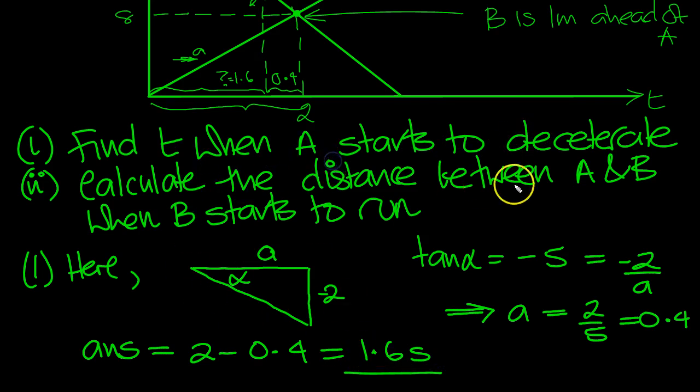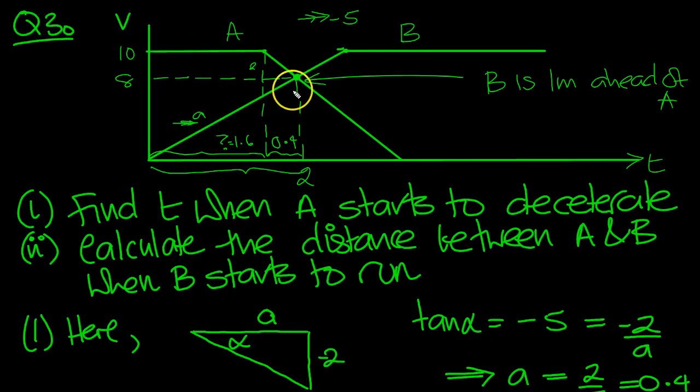Calculate the distance between A and B when B starts to run. Well, the area under the curve is the distance that A and B will travel. We know B is 1 meter ahead of A at the end. So let's work out SA.